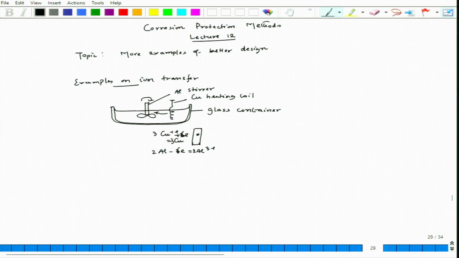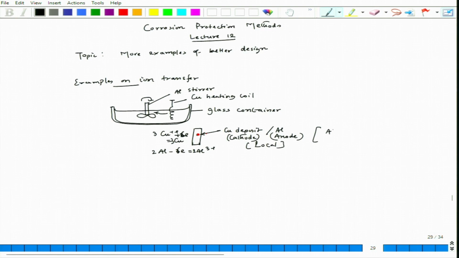Now, when we have a copper deposit here, this is my copper deposit, and now we have a fantastic example of copper on top of aluminum. Locally this will be the cathode, a local cathode, and this will be the anode, and this is a local phenomenon, and one can experience a small pit here.